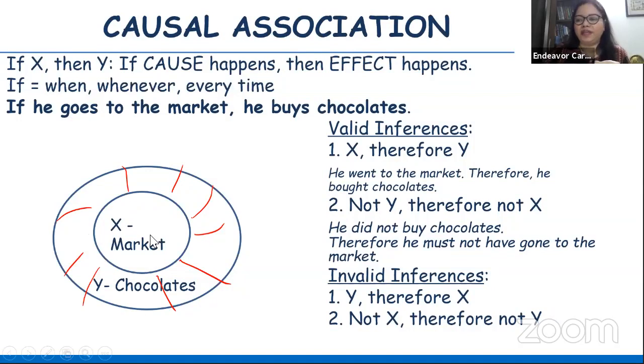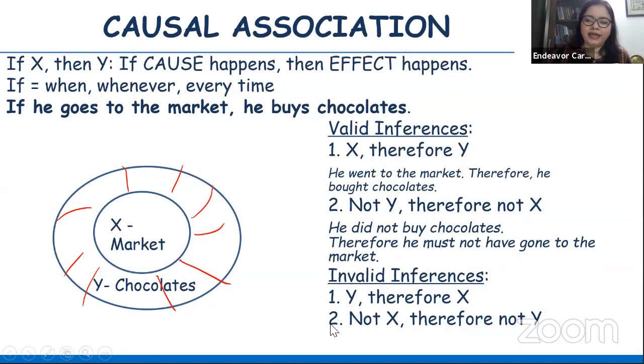So when you have an if X, then Y, a cause effect, you can only infer X, therefore Y, which is cause, therefore effect, and not the effect, therefore not the cause. You cannot consider effect, therefore cause as an inference. You cannot consider not cause, therefore not effect as an inference.